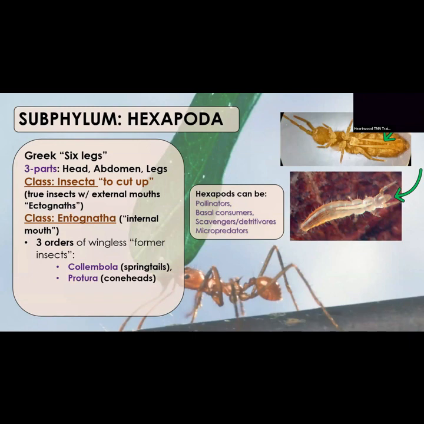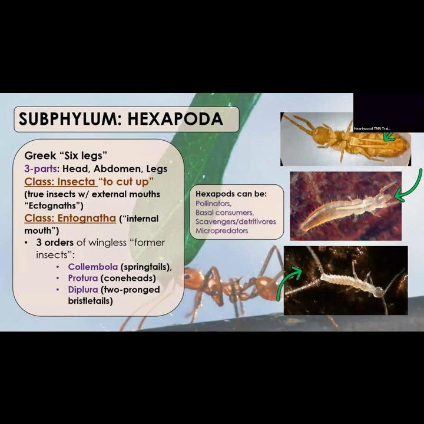These are all going to be wingless. They're usually eyeless because these are all soil dwelling organisms, so they're very, very small. And there are a lot of the things that you can find if you're doing detritus traps. They're some of the first things that fall out. The coneheads have little heads like a cone. And then Diplura. These are 2-pronged bristletails.